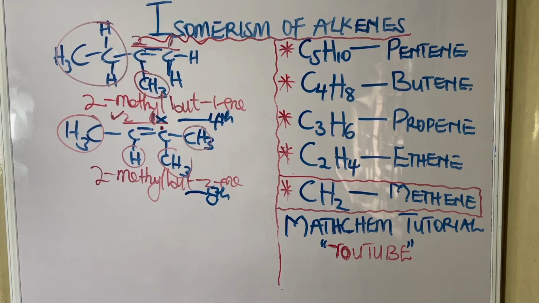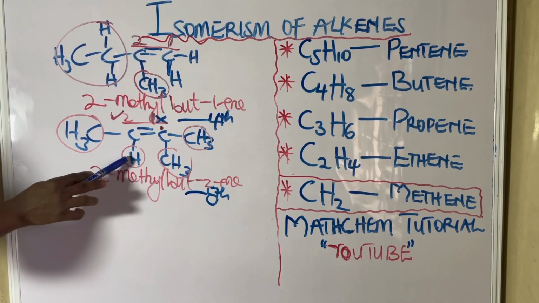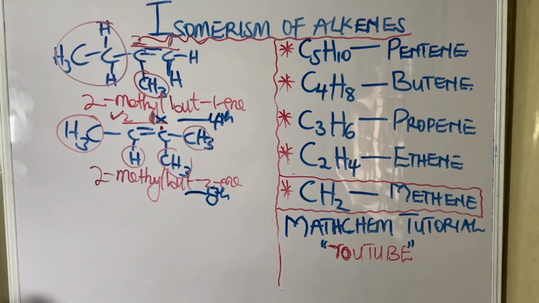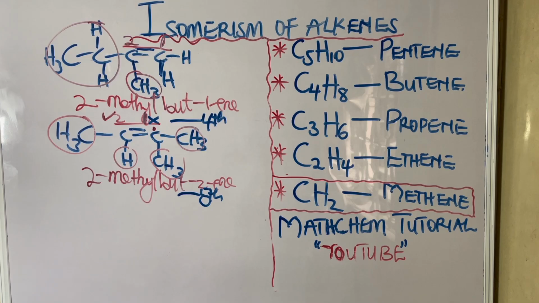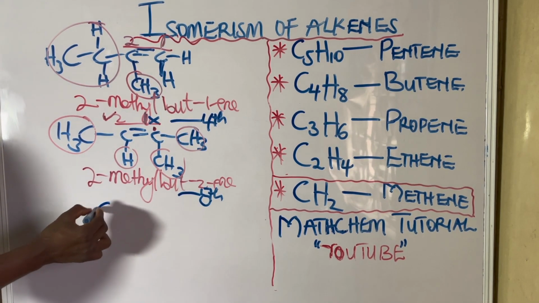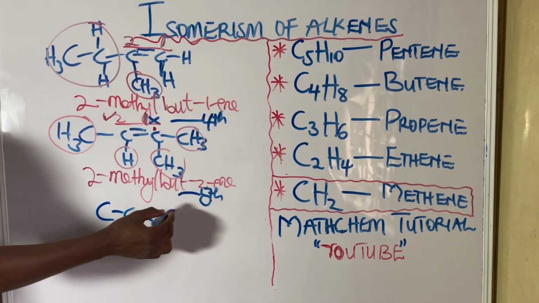Now what about if I put this CH3 on this next carbon here? Naming this would still give me 2-methylbut-2-ene as well. Another structure we can have for this C5H10 is, 1, 2, 3, 4.